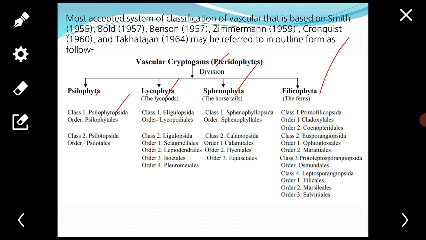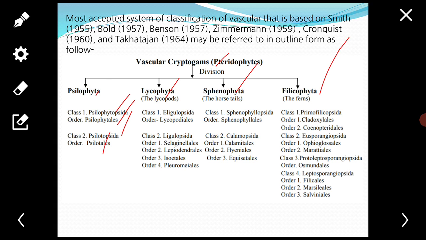Class 1 is Coelophytopsida, and that class comprises a single order named Coelophytales. The second class, Coelotopsida, comprises a single order, that is Coeloptales.